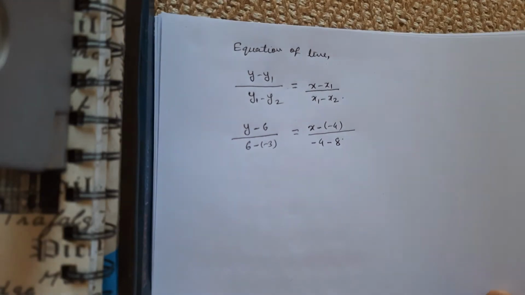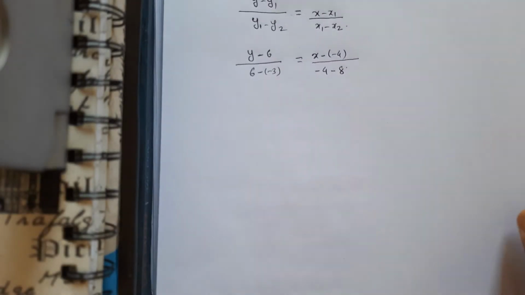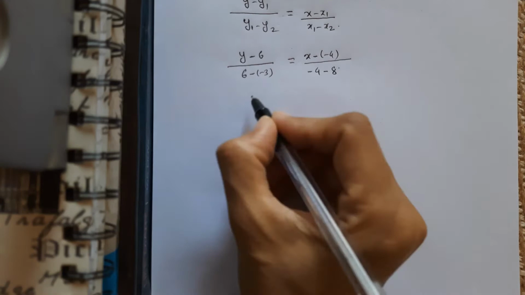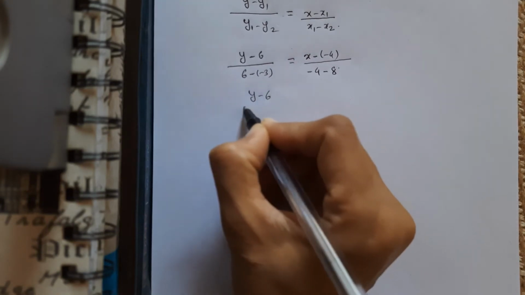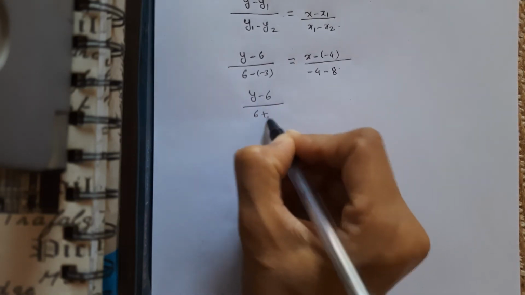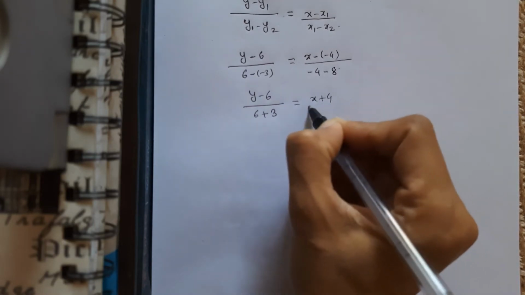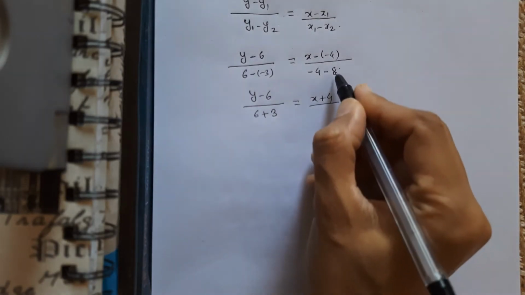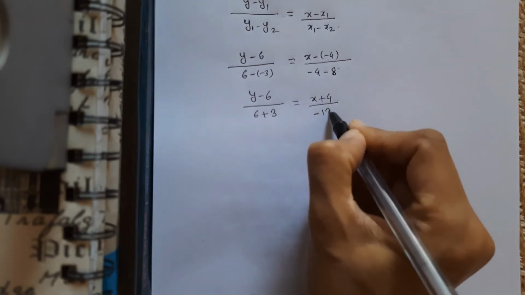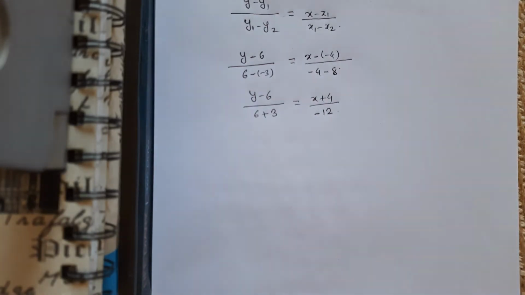All right. So now this is y minus 6 upon 6 plus 3 equal to x plus 4 upon -4 minus 8, which is -12. Okay.